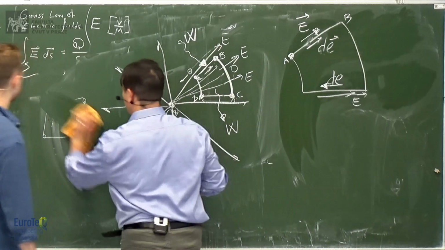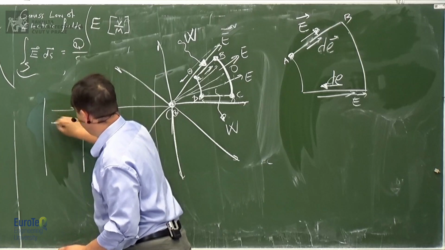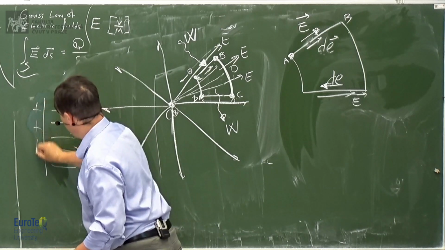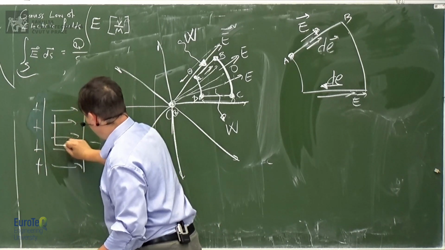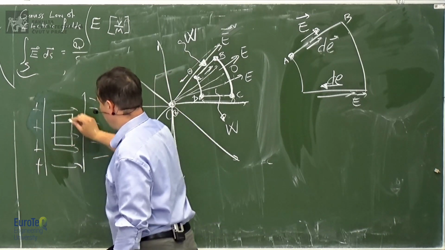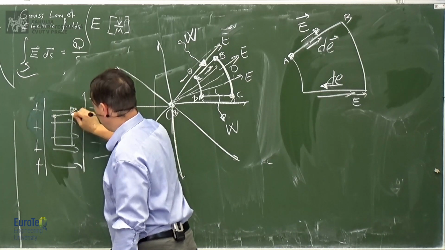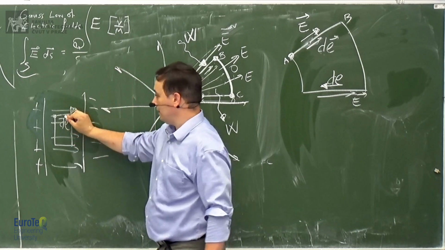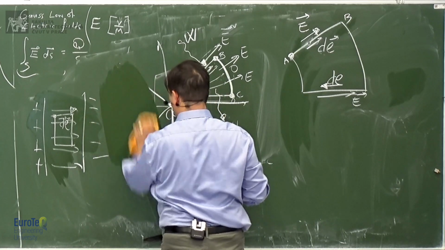So what we were doing is, here you have an electric field in this direction, because here you have a positive charge and here a negative charge. Then you draw this rectangle. Let me draw it bigger.